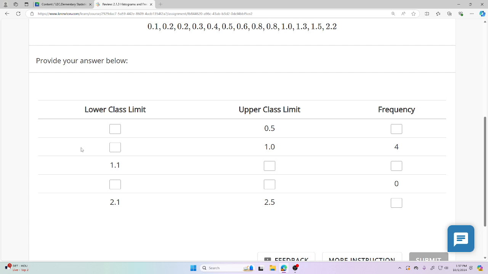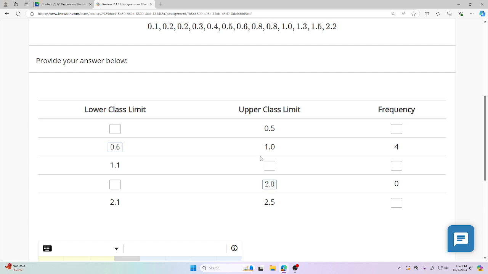If I had a 0.5, then this would be a 0.6. Yeah, 2.0. And it looks like it's going to be 1.5 here, just looking around, right? So 1.6. And this guy? 0.1. Yeah, that's my guess too.